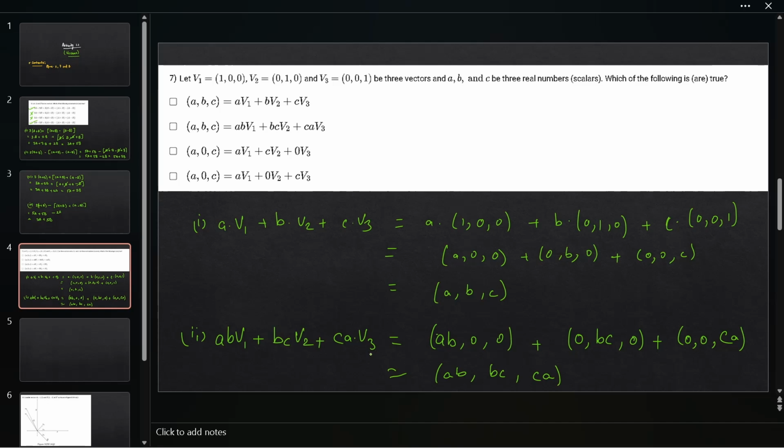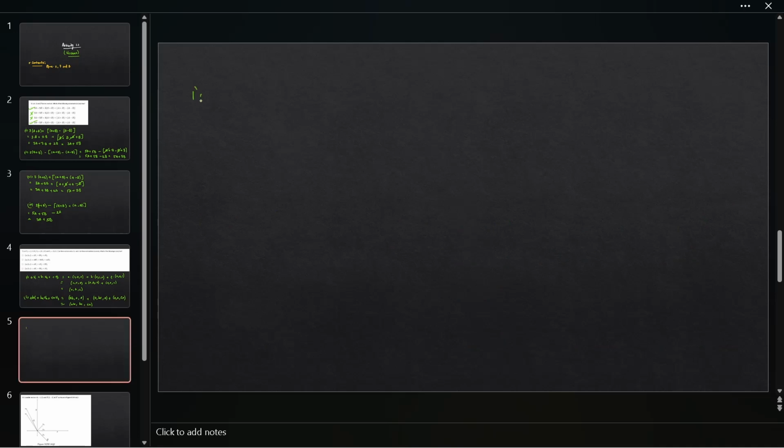Now if we look at the next option, that is A times V1 plus C times V2 plus 0 times V3.